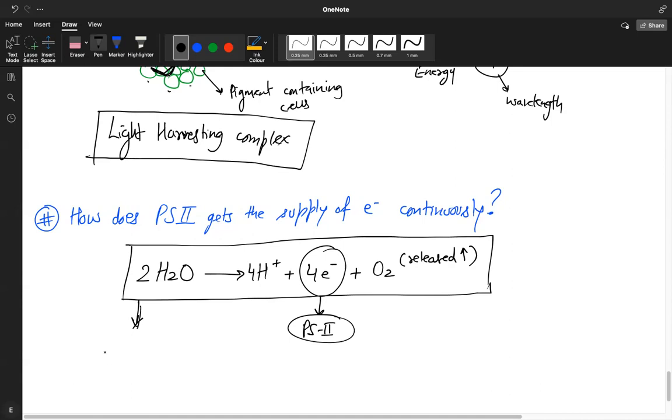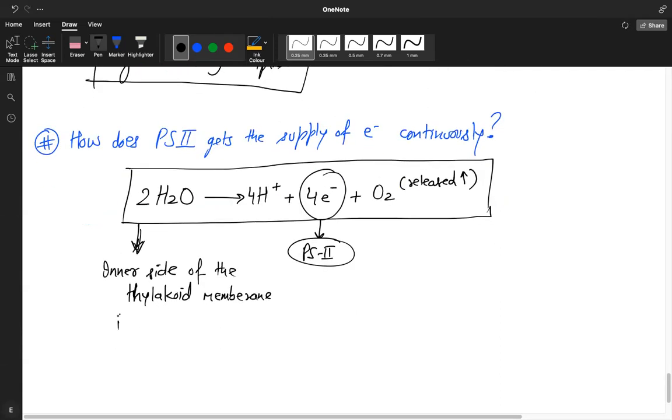The splitting of water takes place on the inner membrane or inner side of the thylakoid membrane, inner side of the thylakoid membrane in photosystem 2 itself, correct? This is the site where this water splitting takes place.